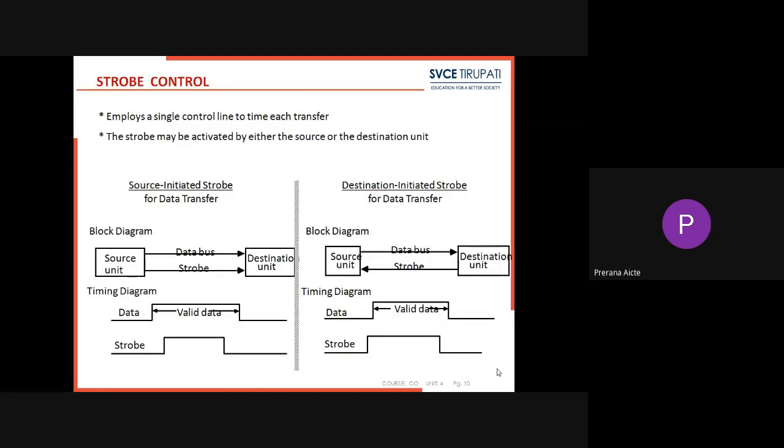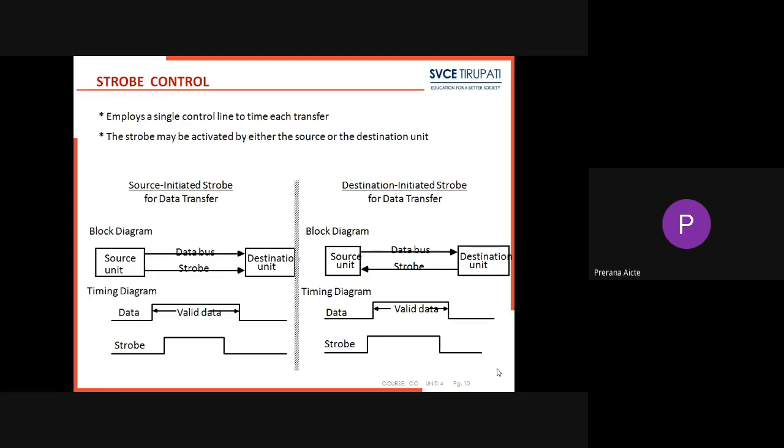For example, strobe control has source initiated strobe for data transfer and destination initiated strobe for data transfer. In the first one, source initiated strobe for data transfer, the data bus carries the binary information. In this diagram, there are two units, the source unit and the destination unit, and also the data bus.